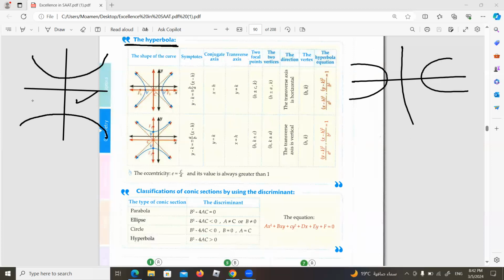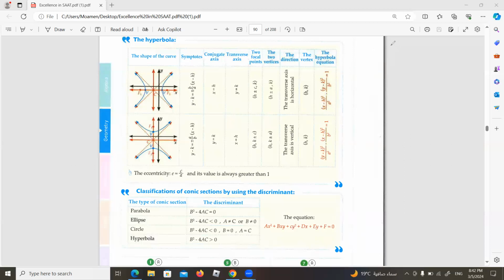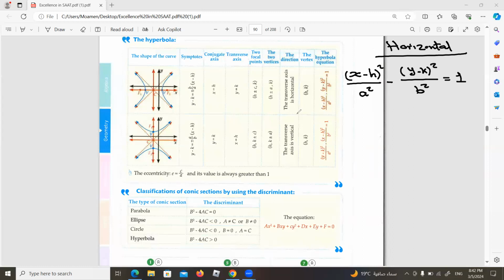If we talk about the general equation, first we will talk about the horizontal hyperbola. What is the equation of the horizontal hyperbola? The equation is (x minus h) squared over a squared minus (y minus k) squared over b squared equals 1. Is it the same as the equation of the ellipse?